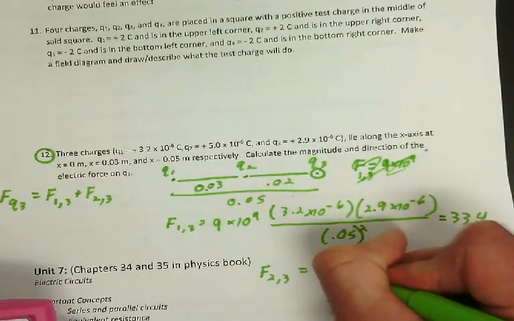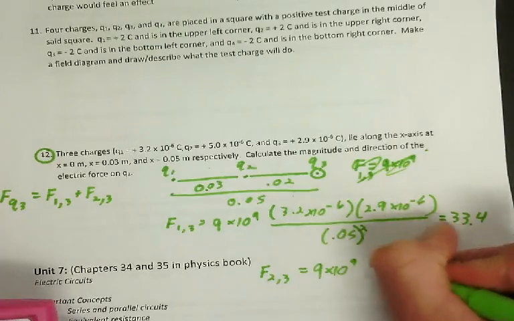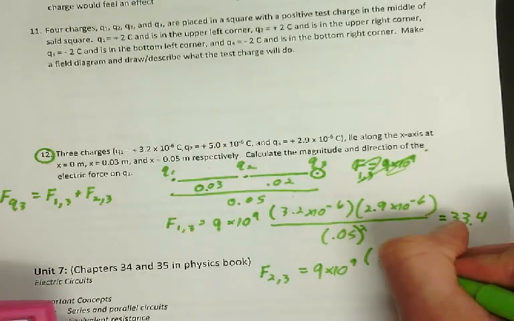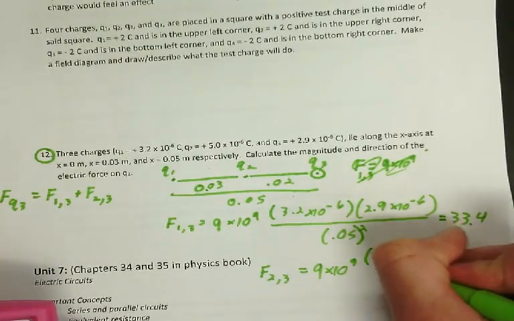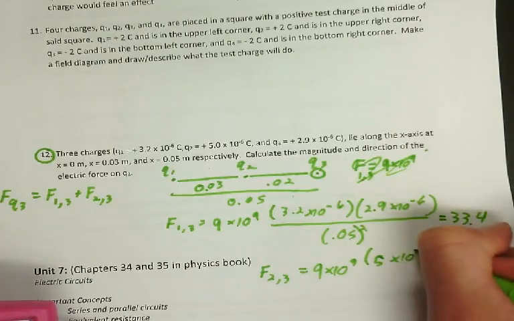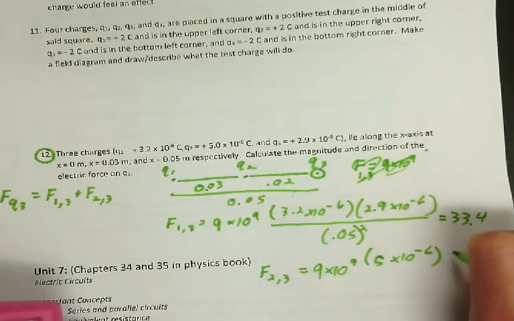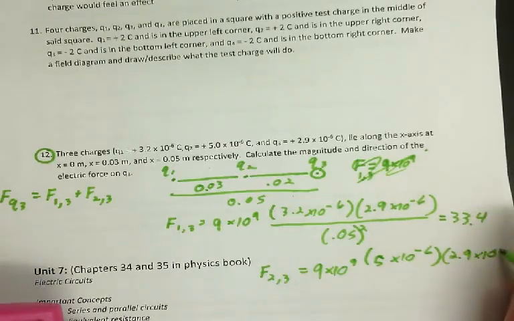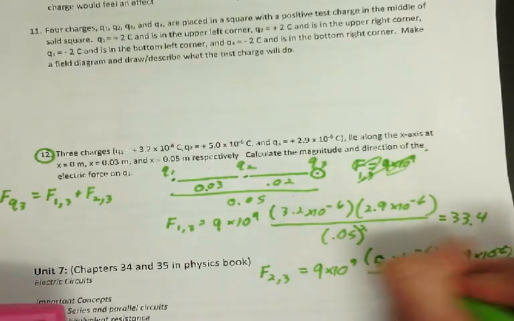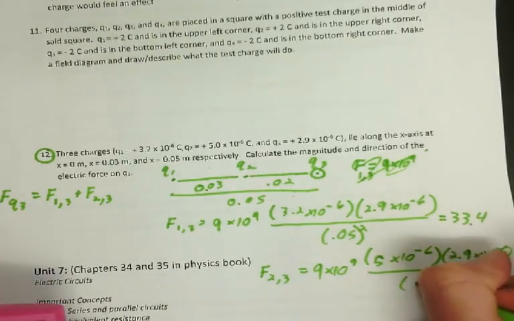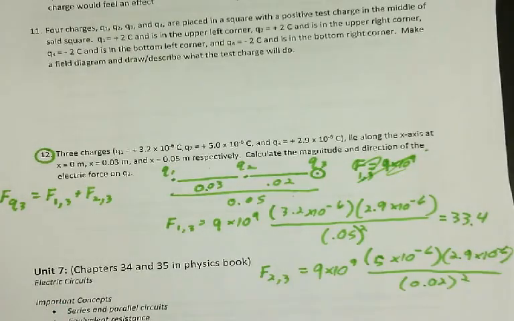So 2 and 3 would be 9 times 10 to the 9th times 5 times 10 to the negative 6 times 2.9 times 10 to the negative 6 divided by 0.02 squared.